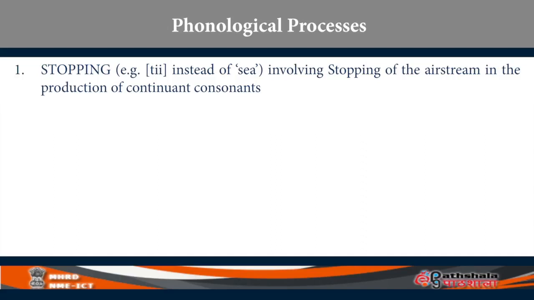You should say s, the air should escape gradually. It should not be stopped. So, this process is called stopping. That is, s becoming t is an example of a phonological process called stopping, in which the airstream is stopped when it should not be stopped.